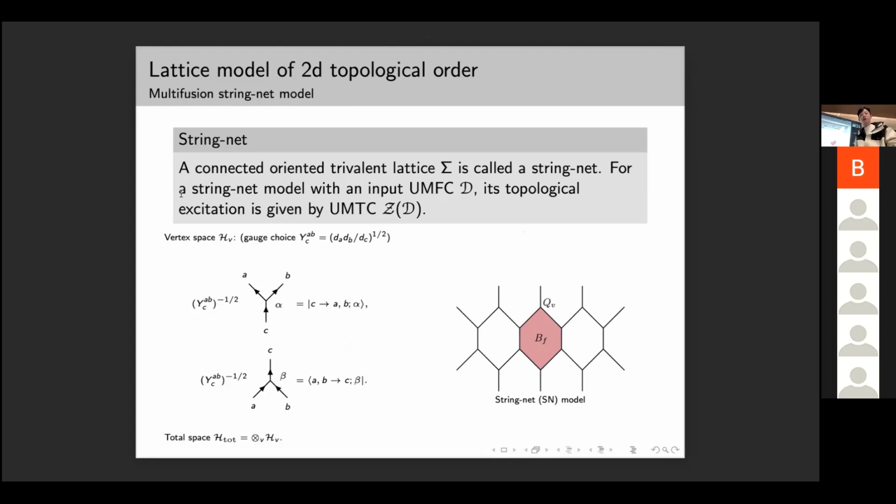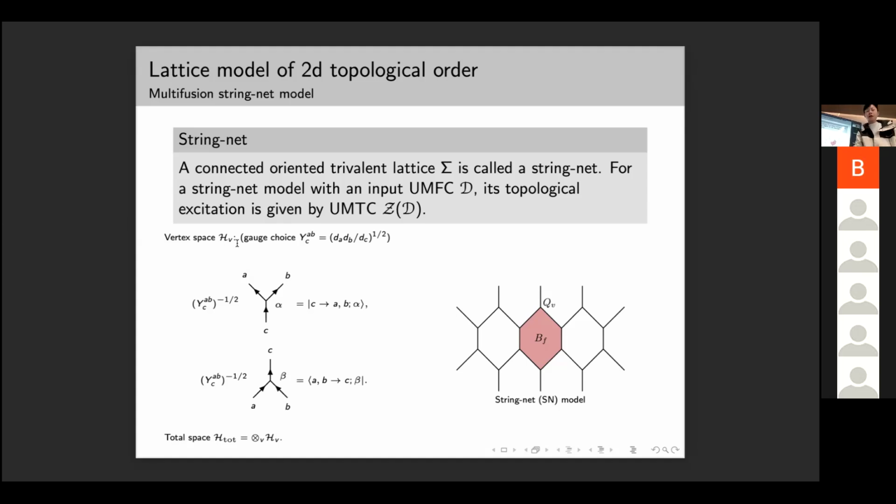Its topological excitation is given by the tensor center of this unitary multifusion category. And it can be shown that this tensor center is also a unitary multifusion category. Even for the unitary multifusion category D, its tensor center is still a fusion category, not a multifusion category.